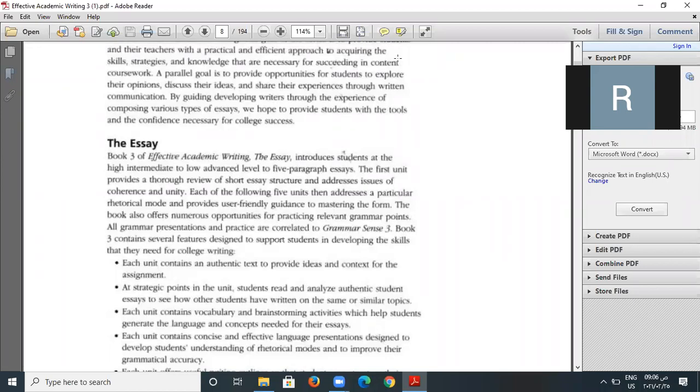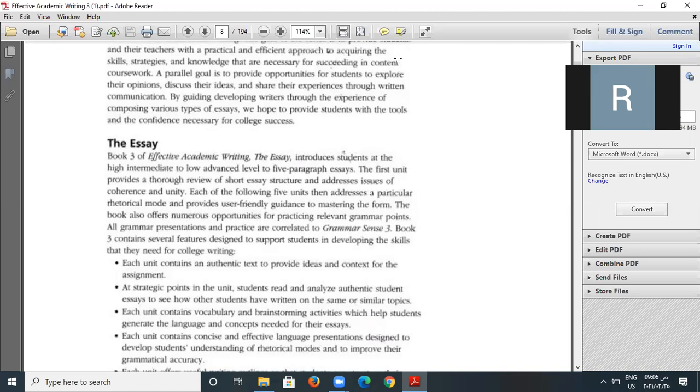As we said last time, we'll be interested in 3 chapters or units. Number 1 is a process analysis essay. The second one is a cause and effect essay. And number 3 is what? Argumentative essay. So this book offers you a number of opportunities for also practicing relevant grammar points.